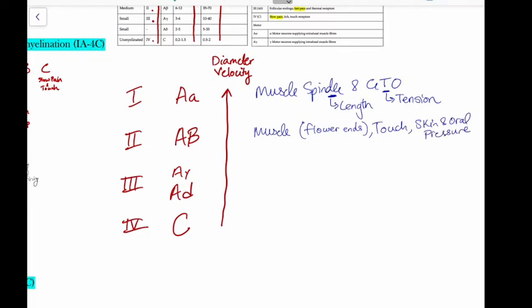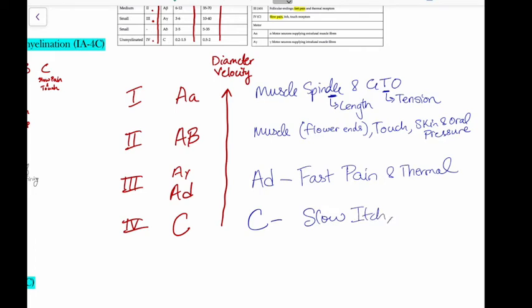Then we'll go to type A delta. A delta will mostly tell us about the fast pain or change in temperature, mostly cold temperature, so fast pain and thermal. Whereas type C will tell us about slow pain and itch. Oops, sorry, this is supposed to be slow pain and itch. My mind goes faster than I can write.